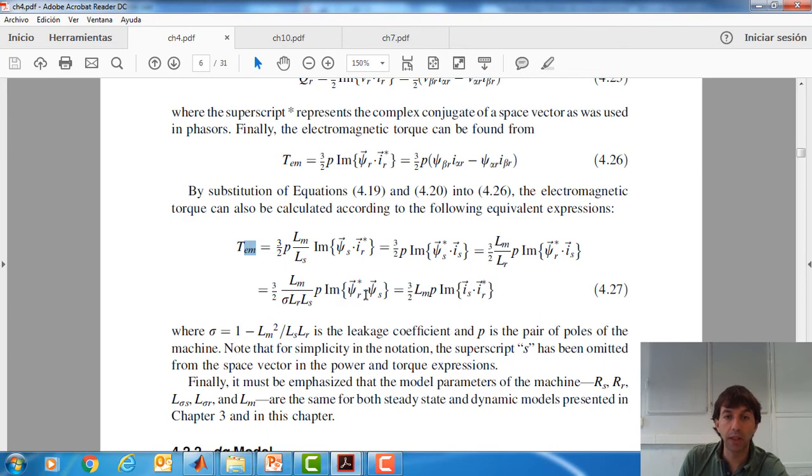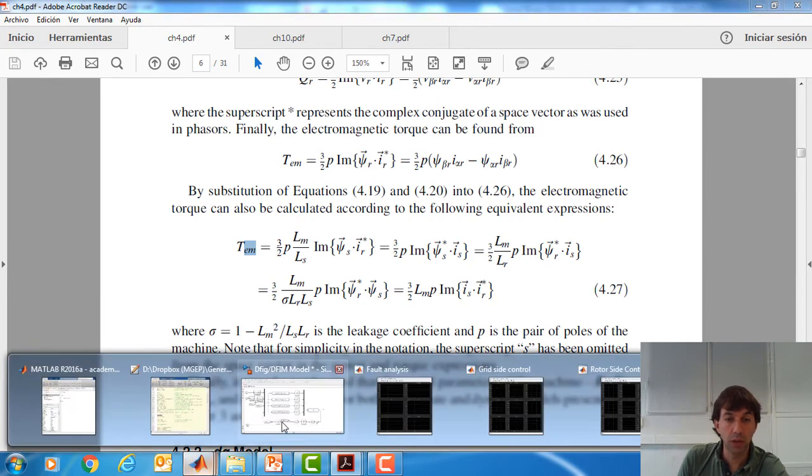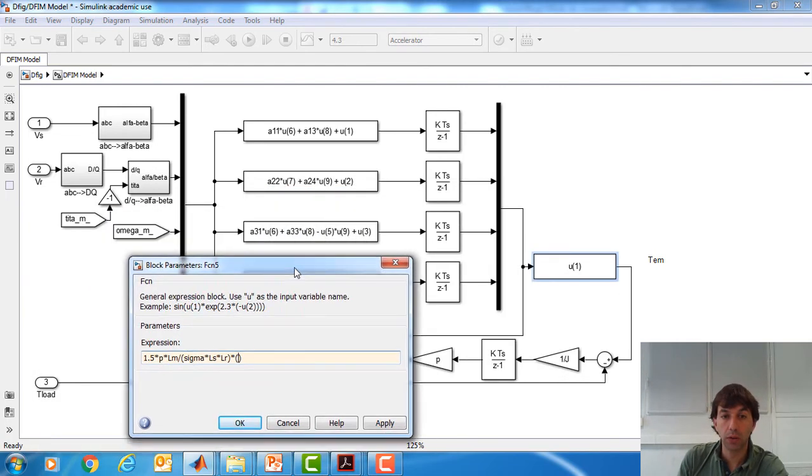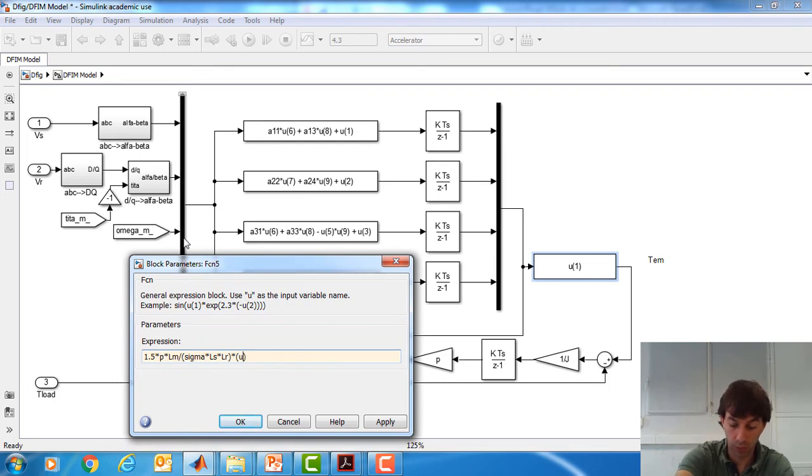Okay, and here we have a product, which is in this case where we are. So therefore we need to multiply everything by U2 multiply by U3.